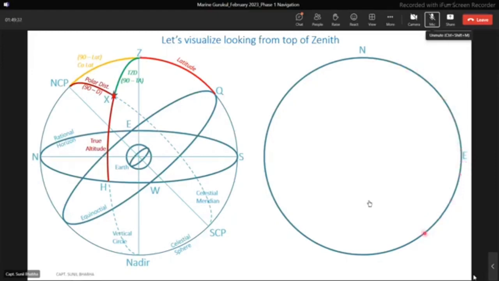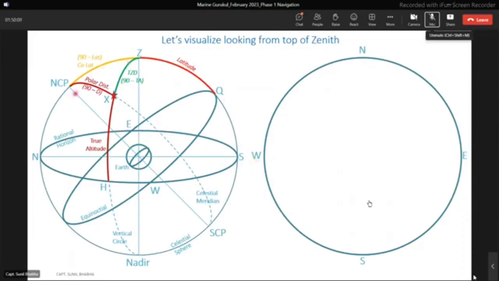And if you go exactly opposite to where the north point is, you will have the south point represented by S in our rational horizon diagram. And if you go 90 degrees to the left of north, you will have the west point represented by W here. So all these 4 points N, E, S, W are represented on the plane of the rational horizon.